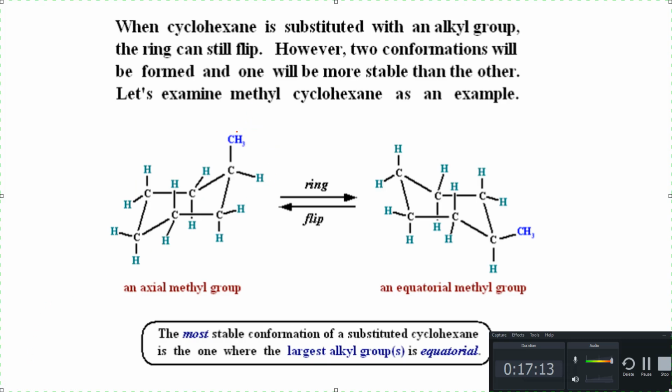Now, if we put a substituent on that ring, like a methyl group, the methyl group could be axial, and when this undergoes a ring flip, it would then become equatorial.